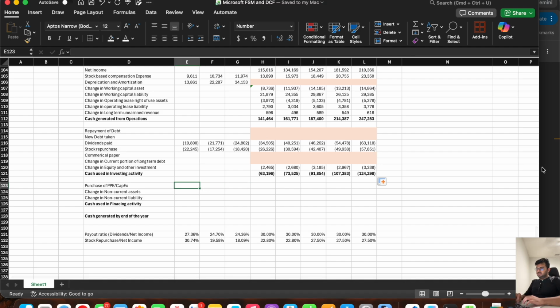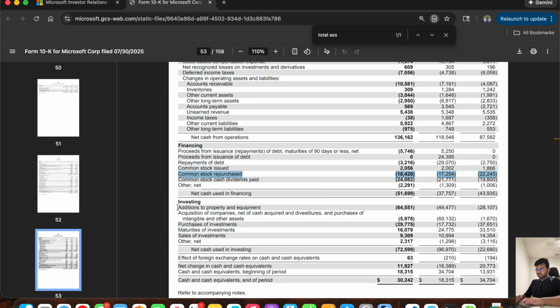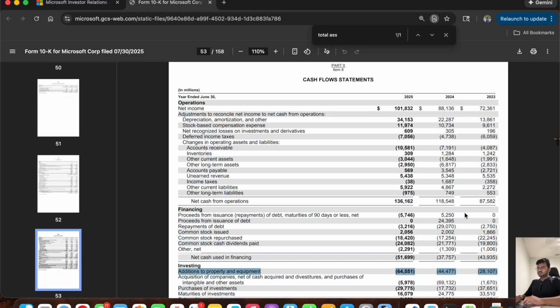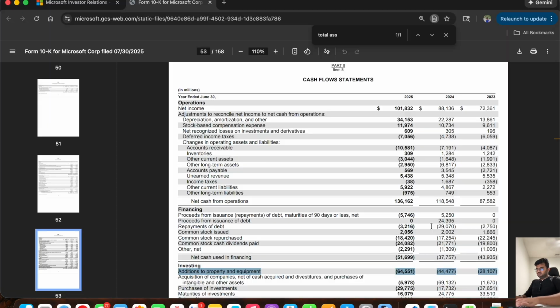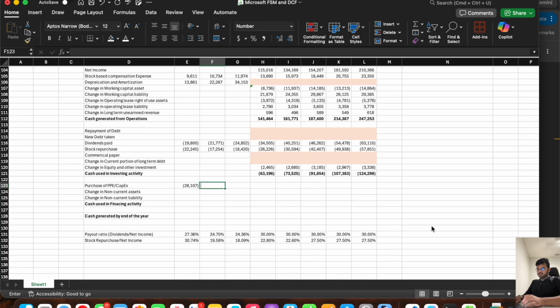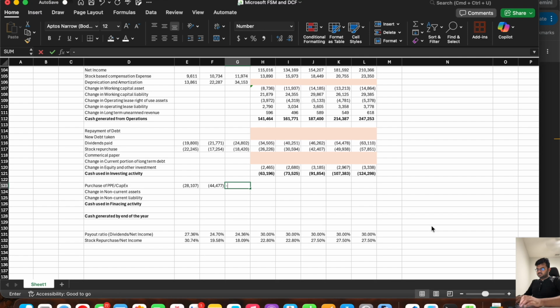For this we would see the last 3 years numbers first. That is this one, additions to property, plant and equipment. In 2023 it is minus 28107, minus 28107, minus 44477, minus 64551.